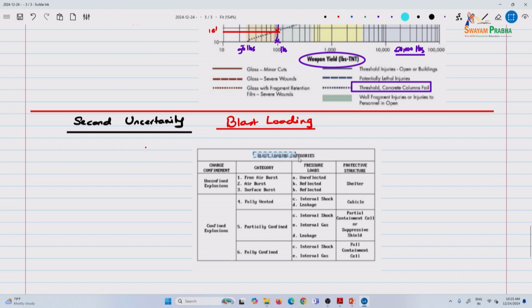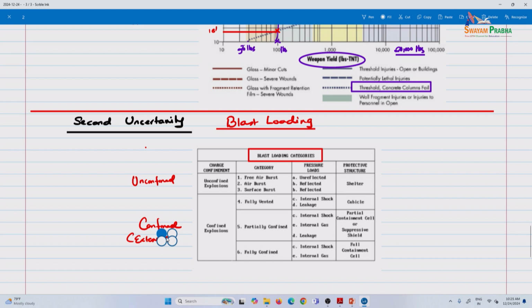So, these are the different blast loading categories. One is unconfined explosion, and the next is confined explosion. This is really extensive. As I said, openings, and the UFC does a really good job on covering whatever you want along these lines.